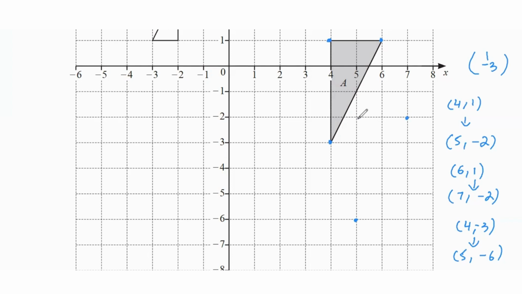And (5, -2) is over here. So as you can see, for the transformation of A to P, the triangle has moved 1 unit to the right and 3 units down.